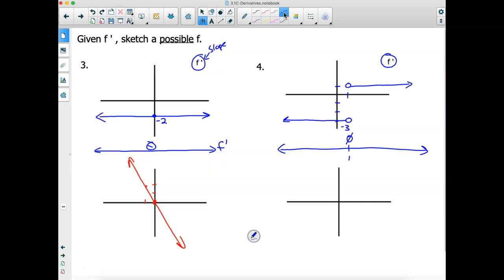Okay? So I can see to the left of here, my derivative is always negative, and to the right it's always positive. Well, what does that mean? That means increasing for f, decreasing here, and I just don't have a derivative. No derivative. So I could be discontinuous, or I could be anything else.